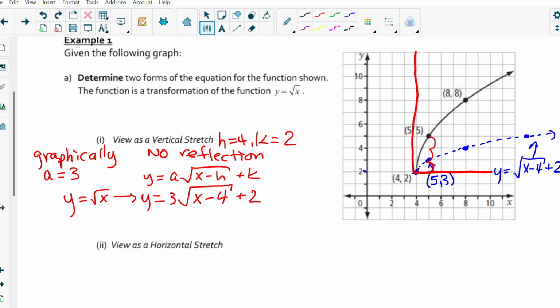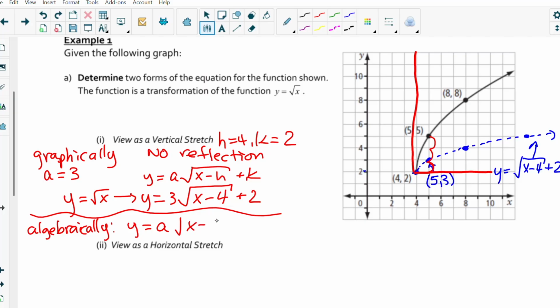Algebraically, what does this look like? If we start with our base function and apply the transformations, but we don't know the stretch yet, we say y equals a times square root of x minus 4, plus 2, since h is 4 and k is 2.